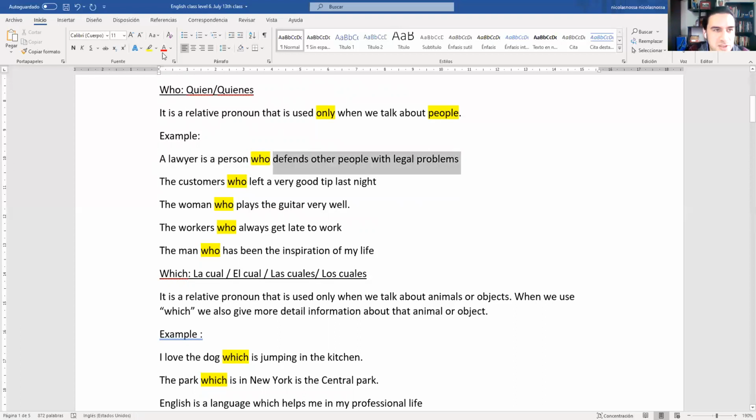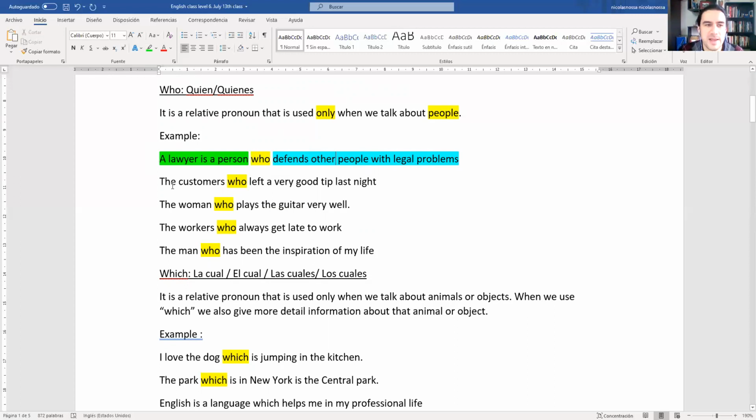Let's put some colors here. So a lawyer is a person who, the relative pronoun that connects the two sentences, defends other people with legal problems.